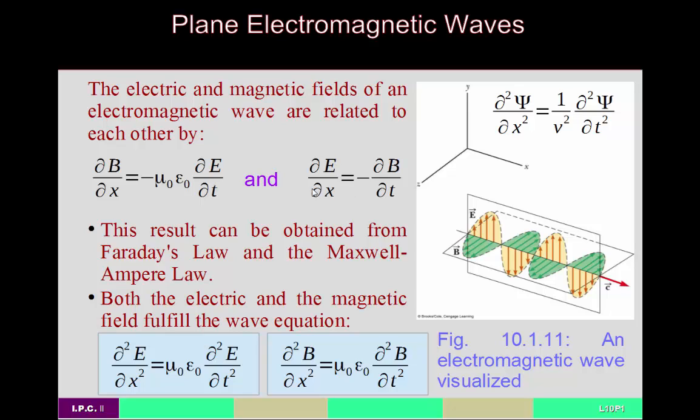Again, we did that using Faraday's law and the Maxwell-Ampere law. From these two equations, we can actually get both of these, and the process looks similar in both cases. So I'll show how you do that quickly here.